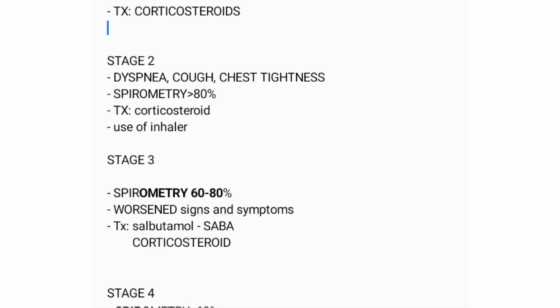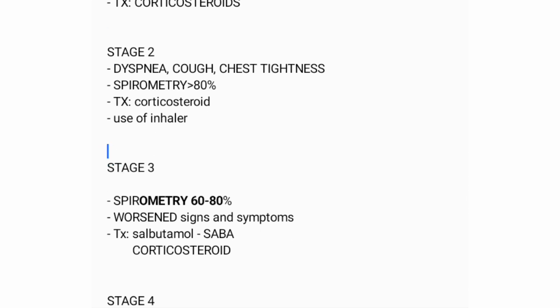Okay. Then we have stage 2, where there is dyspnea, cough, and chest tightness, but the spirometry is still more than 80%. Then the treatment is still steroids, but you can even put in the use of an inhaler. But remember again, corticosteroids are short-term treatment.